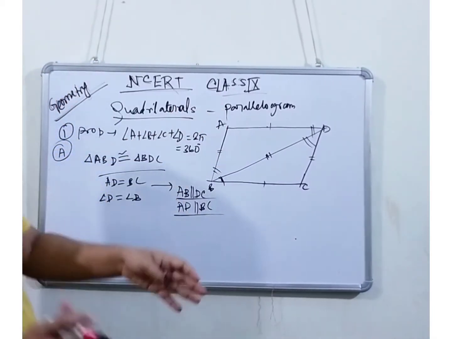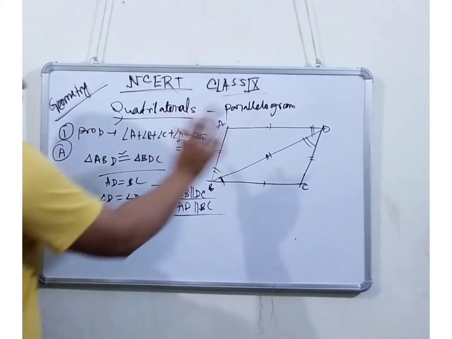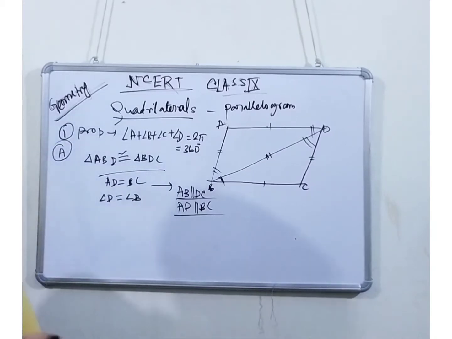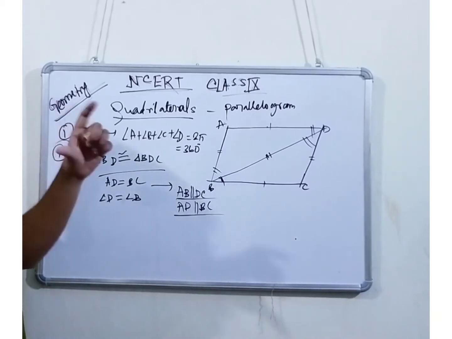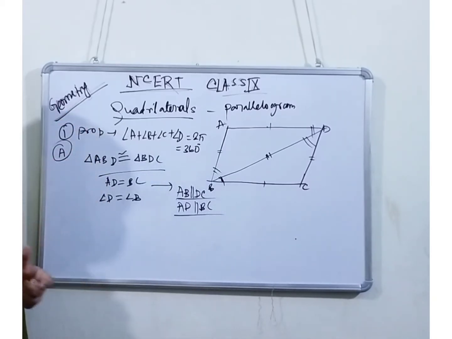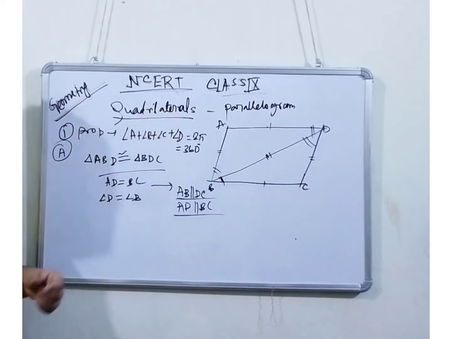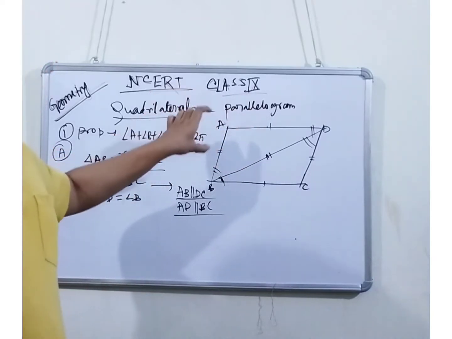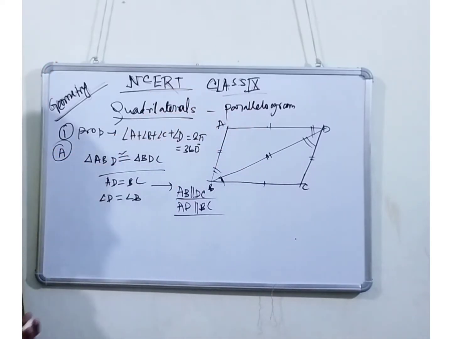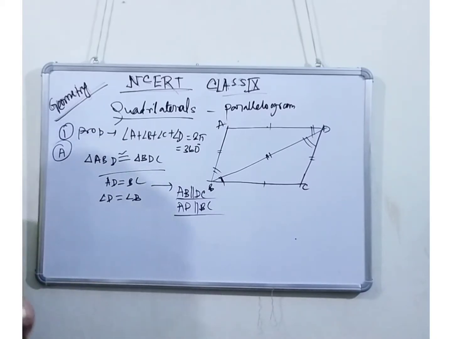If you apply this property to any quadrilateral which has the similar property, it should be a parallelogram. So a rectangle is also a parallelogram. A rectangle which has four equal sides becomes a square. A parallelogram which has equal sides becomes a rhombus. So all are actually a part of parallelogram. I hope you have understood it. We'll go to the next theorem after that.